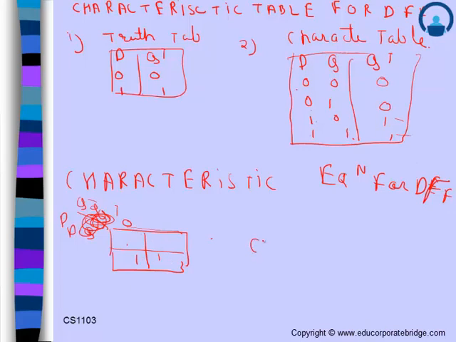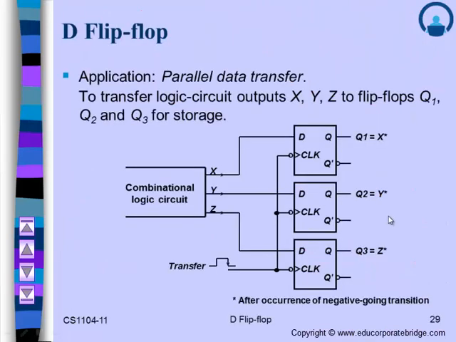So the characteristic equation, one it will be D bar, D. This will be Q bar, Q. So the characteristic equation for D flip-flop is D Q bar plus D Q.